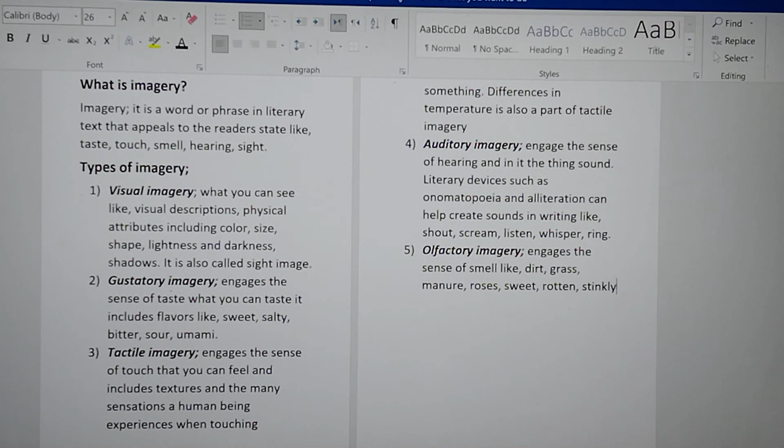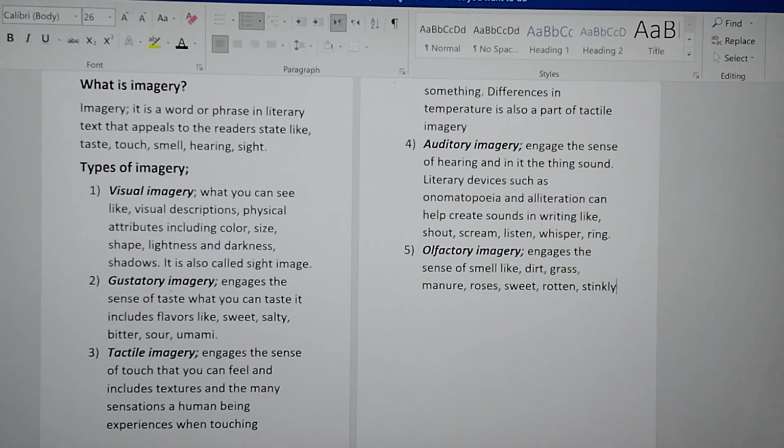So it is alliteration. Alliteration can help create sounds in writing like shout, scream, listen, whisper, ring. So it also relates with our hearing.